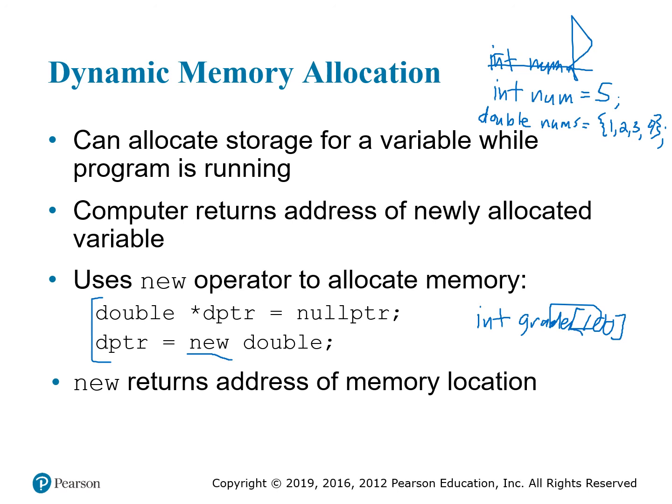Each time we allocate a new student record, we're allocating a chunk of memory. So maybe we don't want to just do student 1, student 2, student 3, student 4 at the beginning of the program.